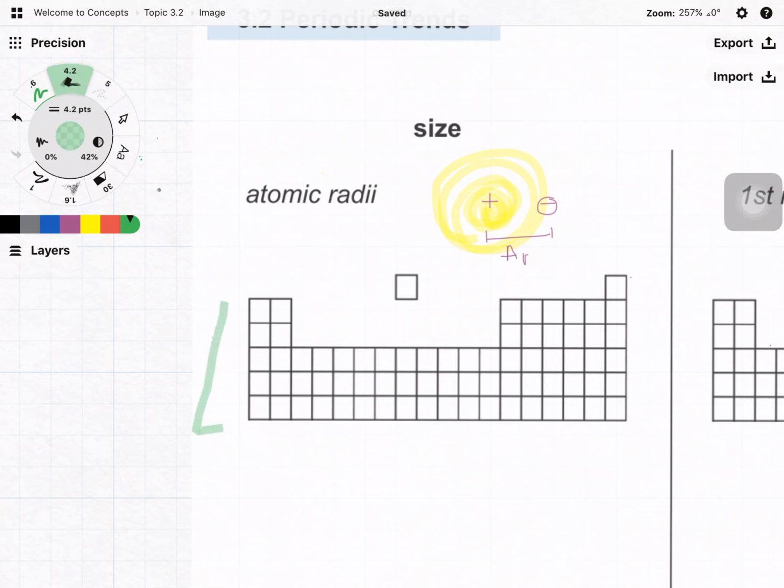So we get larger and larger elements as we go down the periodic table. As we go across the periodic table, staying in one period, the size of my elements actually decreases. So you need to be able to describe why that happens, which is what we're going to look at now.